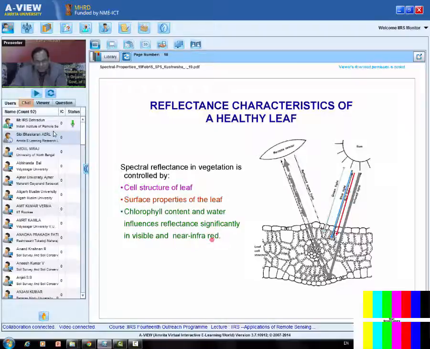In visible and near infrared, in a nutshell, if a plant is healthy, everything will be to the tune it is expected inside a leaf, because the leaf is a marker or indicator of health, the number of leaves, leaf area index, and so on and so forth.